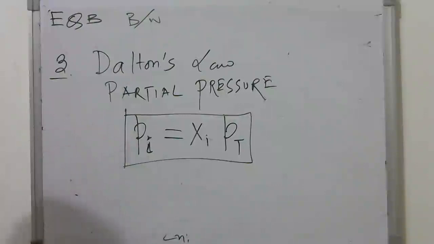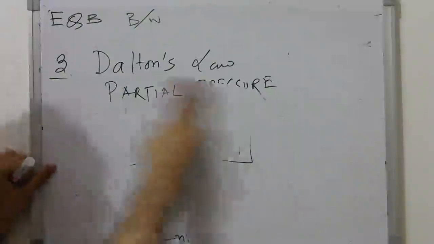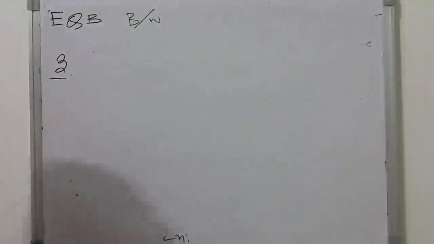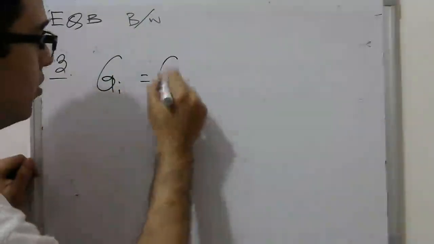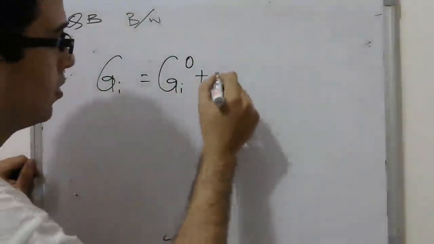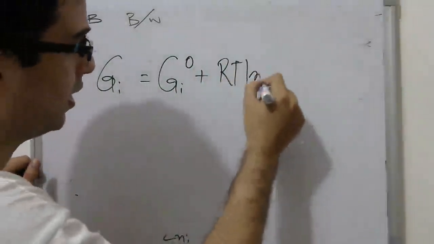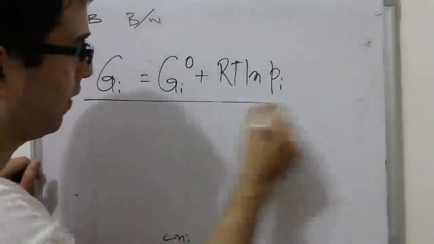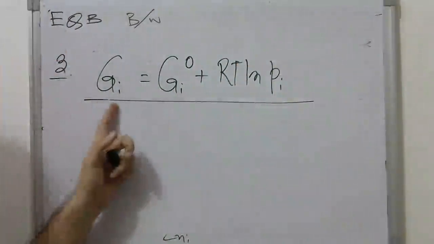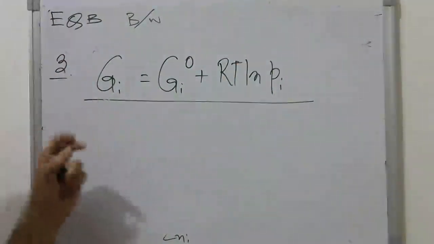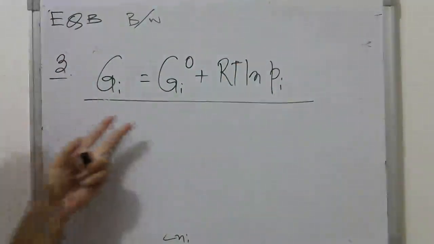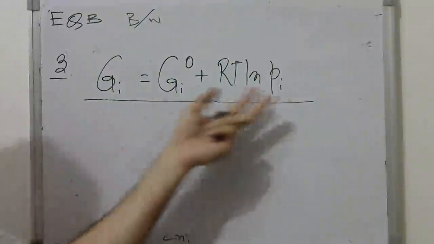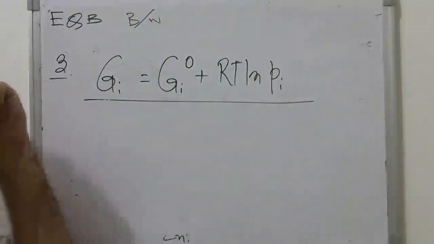Now the fourth concept. In the last lecture, I talked about this equation: Gi is Gi0 plus RT ln Pi. This is the free energy of a particular phase of a gas. Sorry, it should be gas because it's a partial pressure I'm talking about.